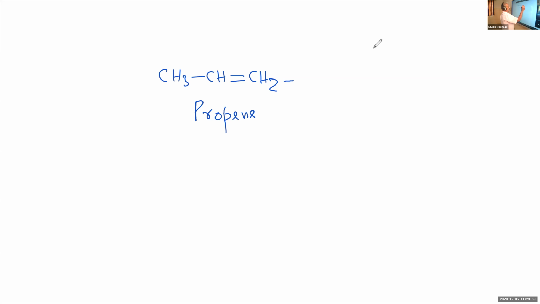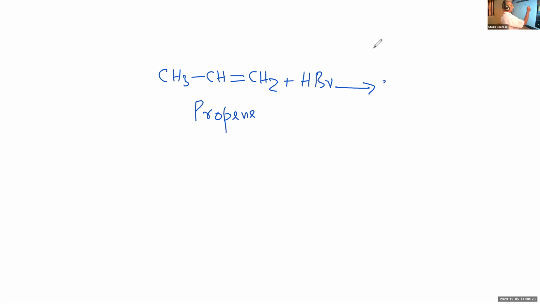To this we are going to add HBr, and which will be the product obtained? During the addition of HBr, the addendum, the pi bond is broken and one part of the addendum is added to one carbon, the remaining part to the other carbon.